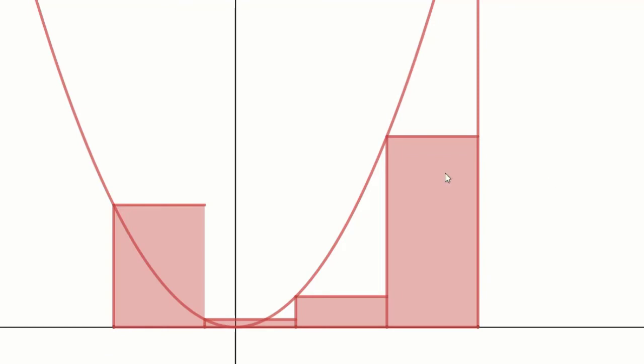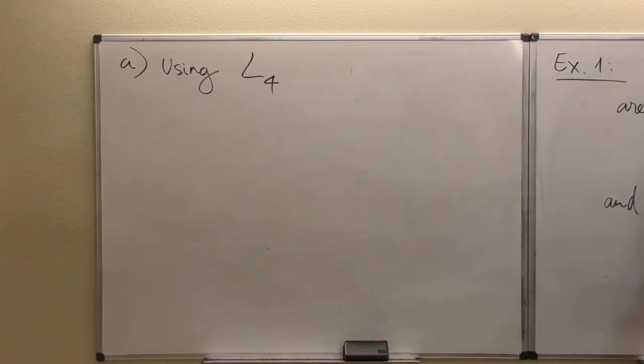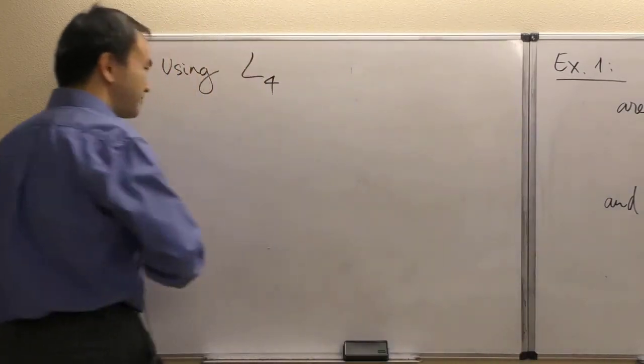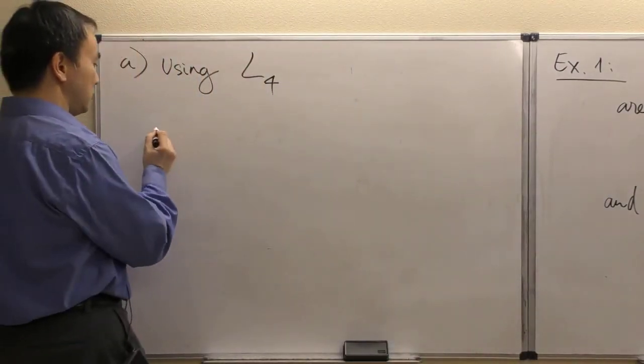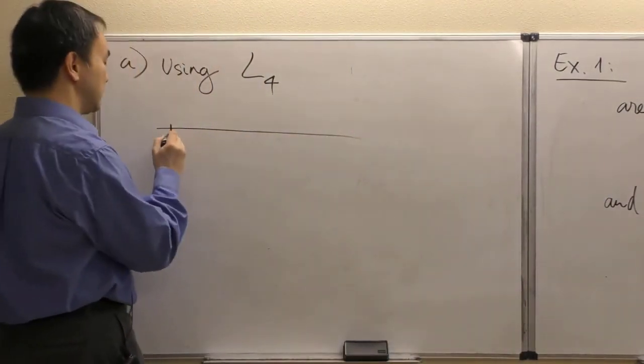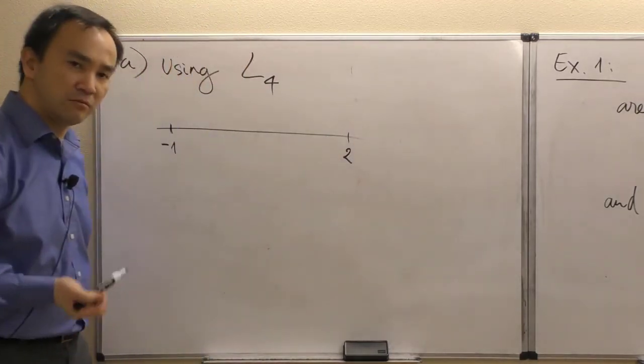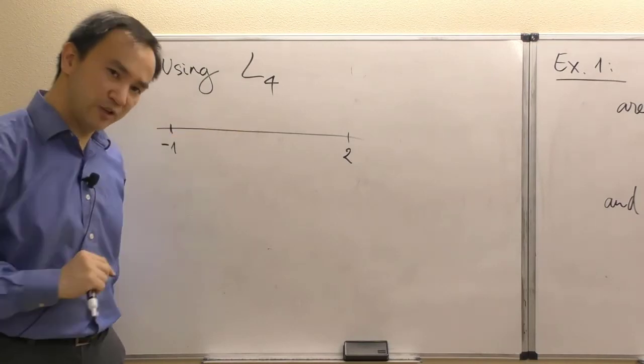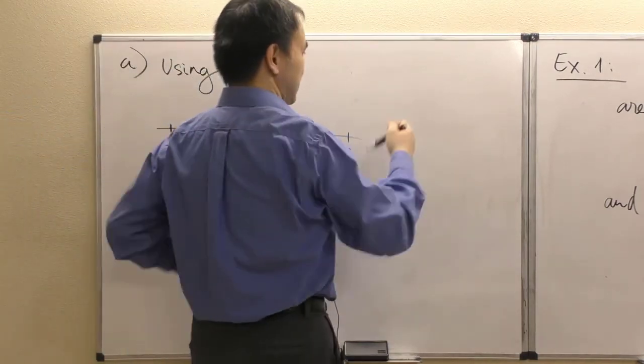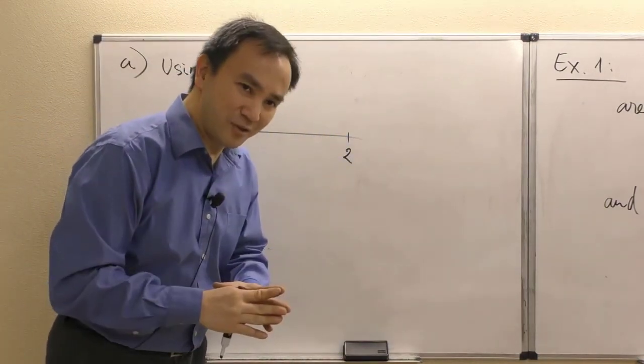Because that's a common good habit to practice. So the interval this time starts at -1 and ends at 2. We don't need to draw the graph over it. Equal width is what we're using.